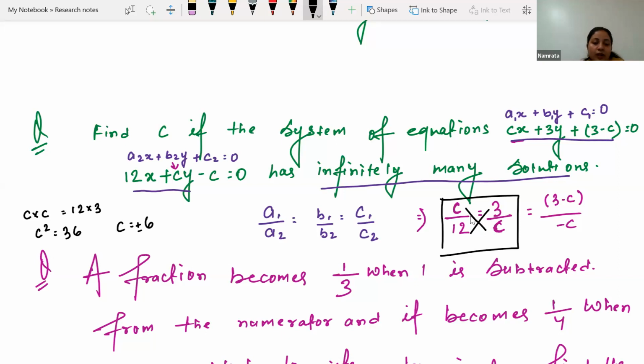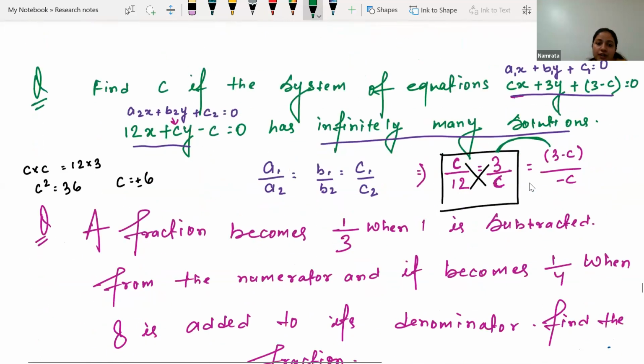Now if we have to specify whether it is plus 6 or minus 6, to confirm that, we can also take the other two fractions and compare them.